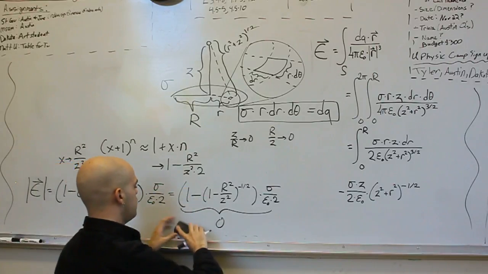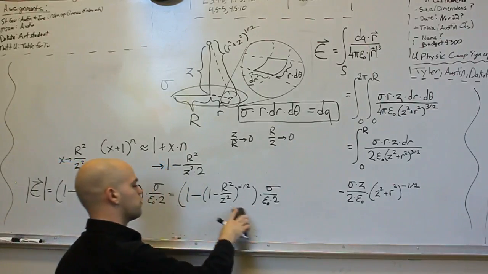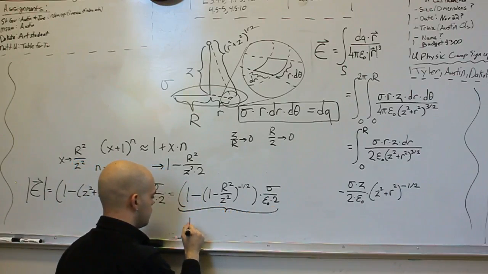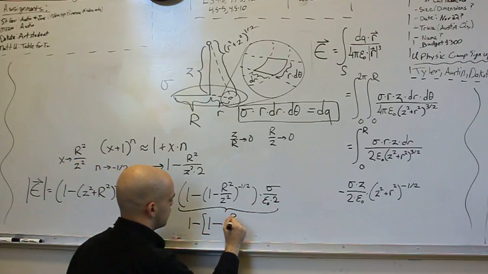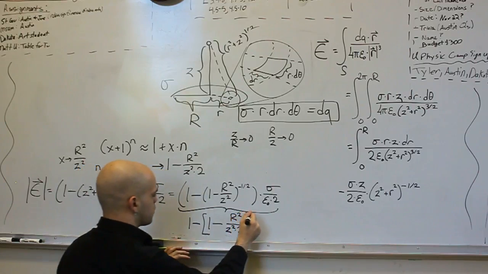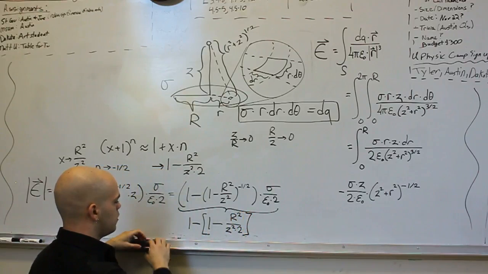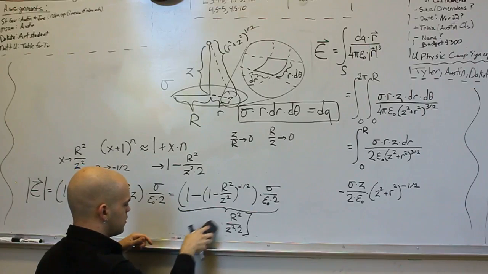So now we get something a lot more interesting with much more information in it, which is 1 minus r squared over z squared times 2. 1 minus 1, 0, and then 0 minus negative, so plus this.